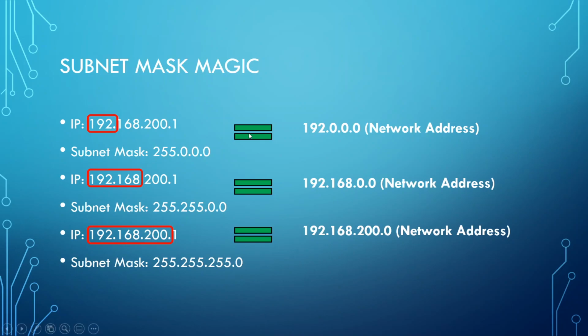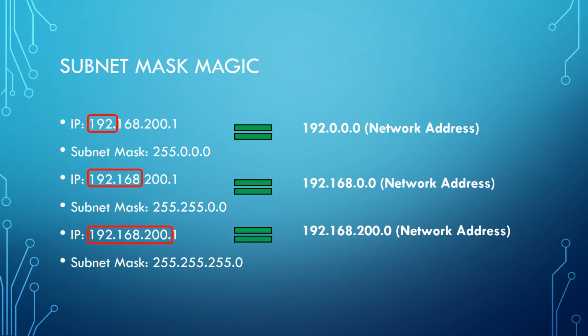So now what that means is that any device which joins this 192 network, the IP address has to begin with 192. And then the next three numbers can be used to uniquely identify that device. If a device were to join this network, the 192.168 network, it means that their IP address has to consist of 192.168, and then the last two decimal numbers represent that device within that network.